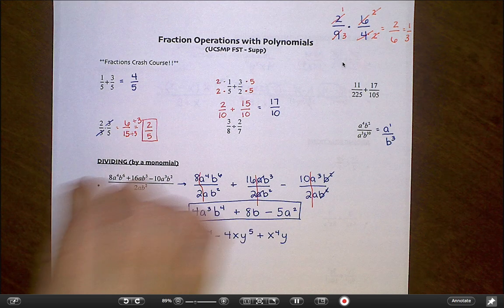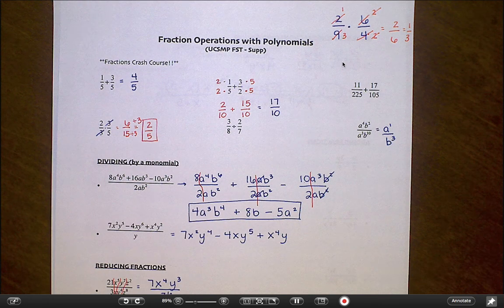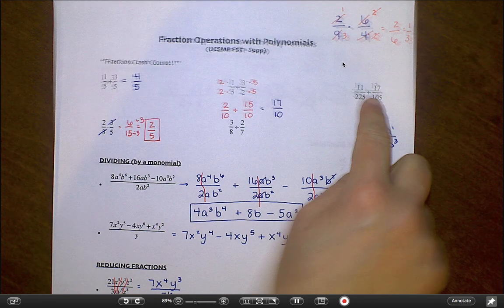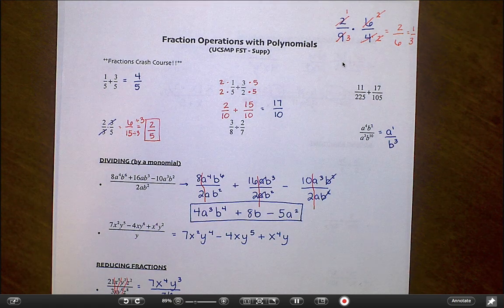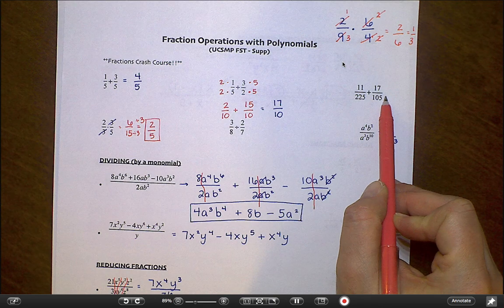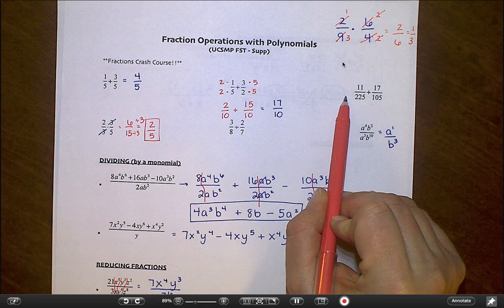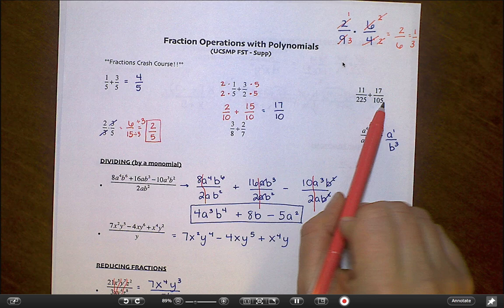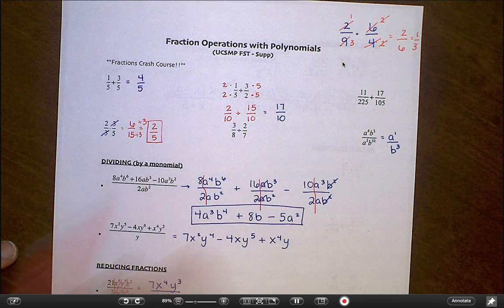The thing is, sometimes you can get away with a smaller number, and I'm going to show you that in this next example, because if I were to go to this next one and just multiply over here by 225 and then multiply over here by 105, I would get a common denominator. Those numbers are going to be gigantic, but if you're okay with that, if you're okay with taking the time to do all that reducing at the end, that's okay. I want to show you something you could do to avoid having to do that.